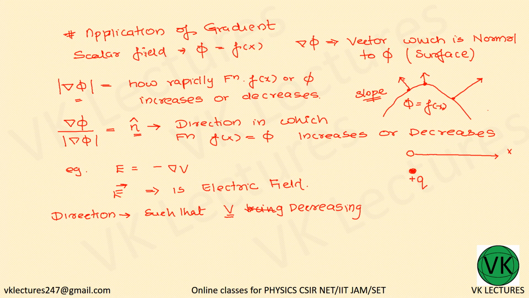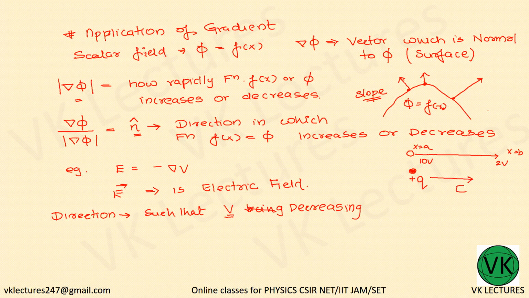As you go from 0 to x, the value of the potential is decreasing. If, for example, it is 10 volt here and it decreases to 2 volt there, then moving from x equal to a to x equal to b, the potential is decreasing. The electric field direction is in this way.